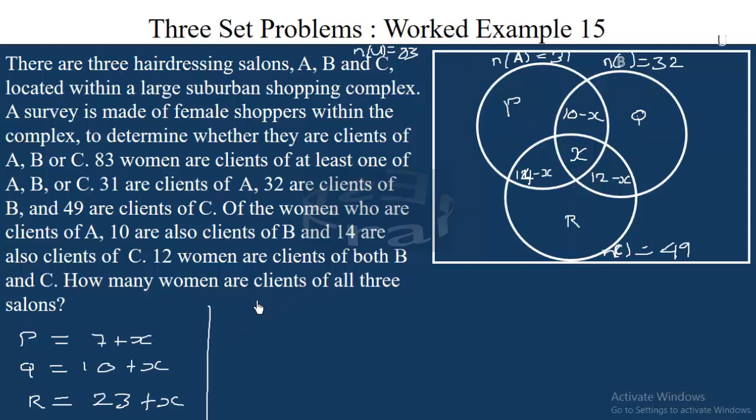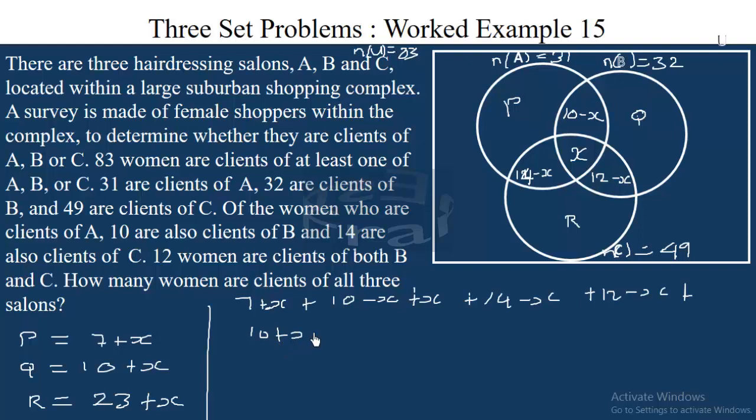So now we have P, which is 7 plus x, then plus 10 minus x, plus x, then plus 14 minus x, then plus 12 minus x, then we have plus Q. Q is 10 plus x.